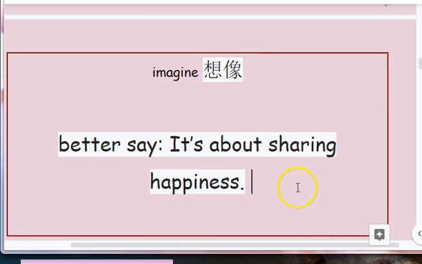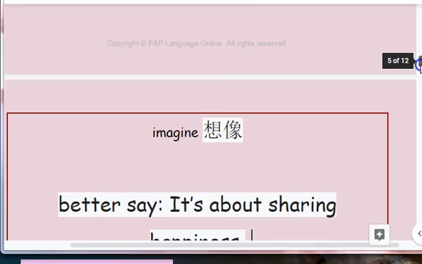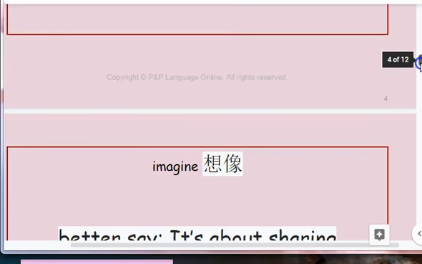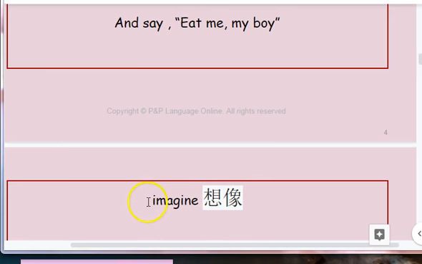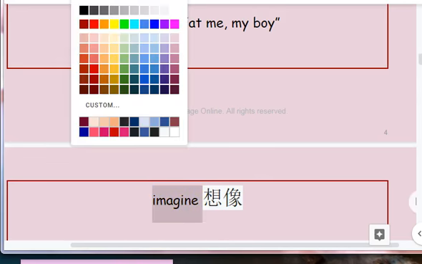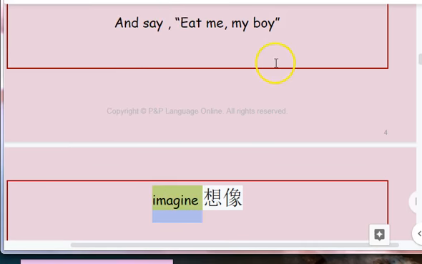Do you also want to share happiness? Yes. Do you like sharing? A little bit, because sometimes I'm selfish. Why do you think sometimes you become selfish?